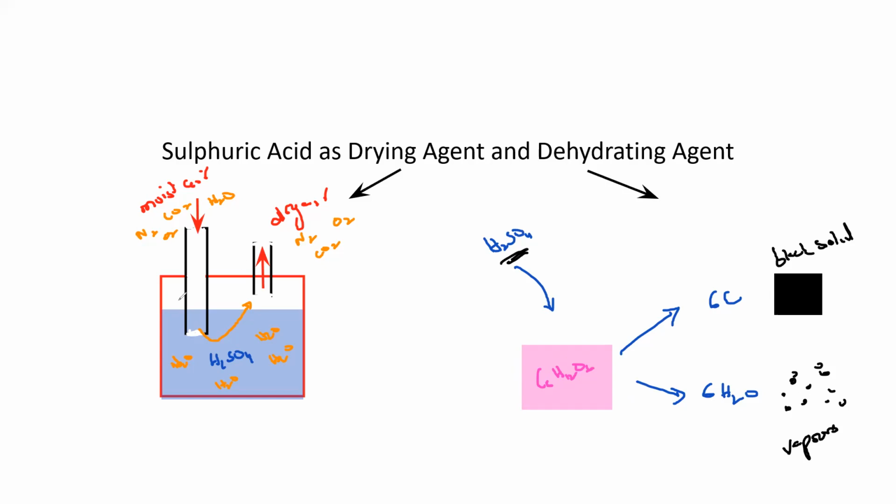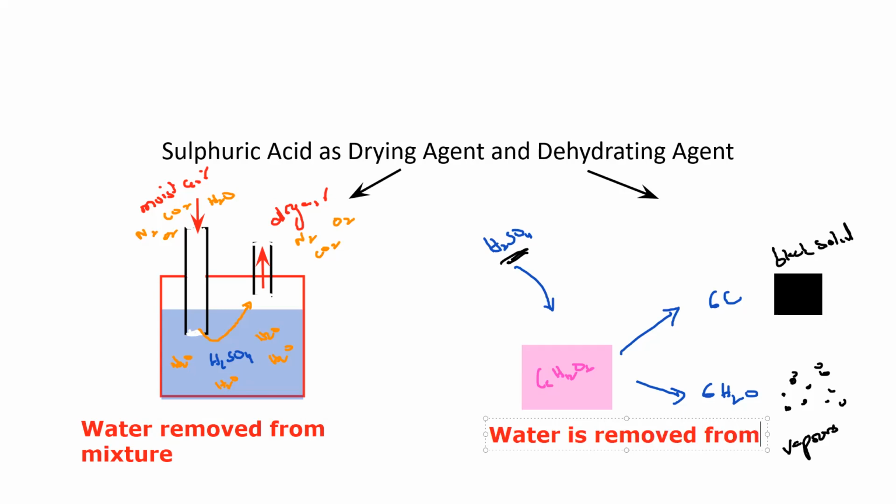So when water is removed from a mixture, like air, which is a mixture, we call it a drying agent. But removal of water from a compound, we call a dehydrating agent. So here the water is removed from the mixture, and in the second case, the water is removed from the compound.